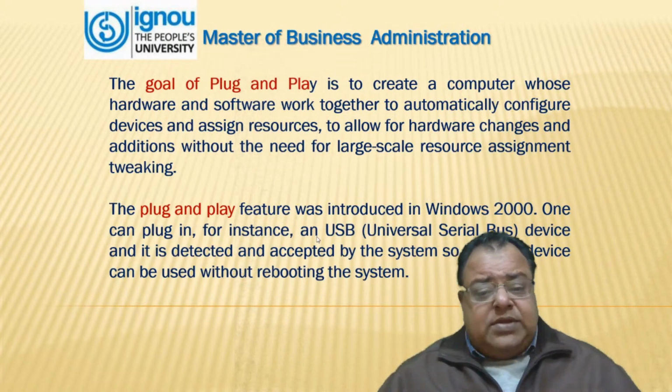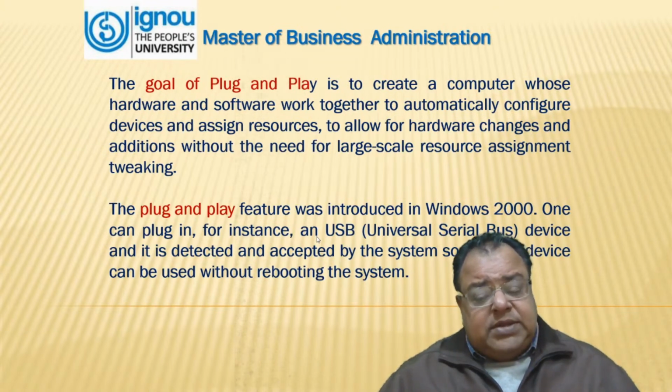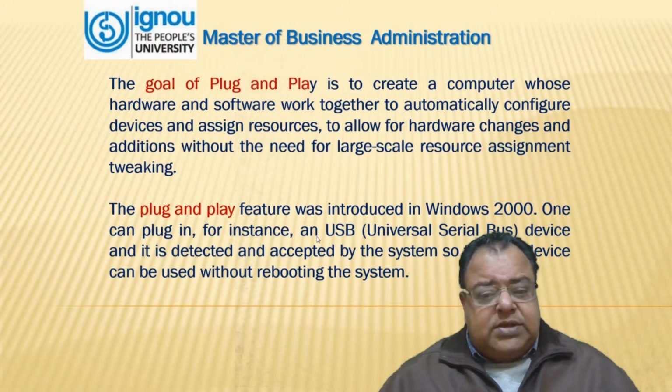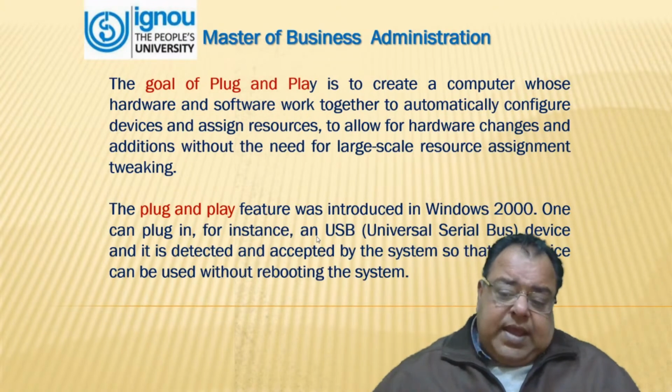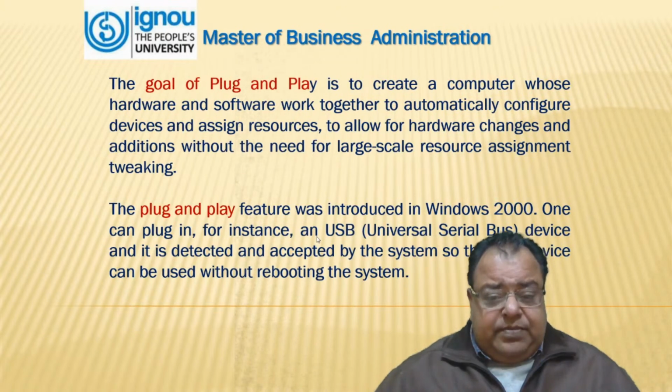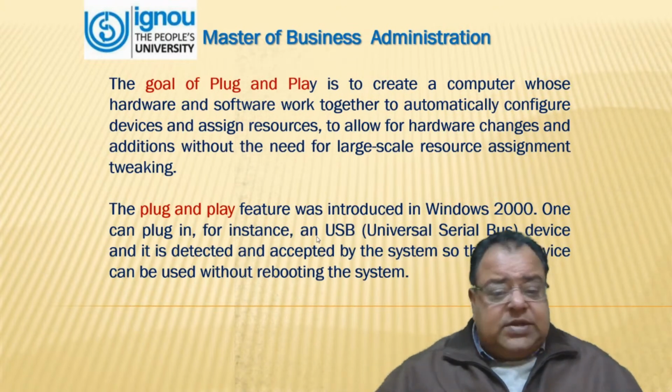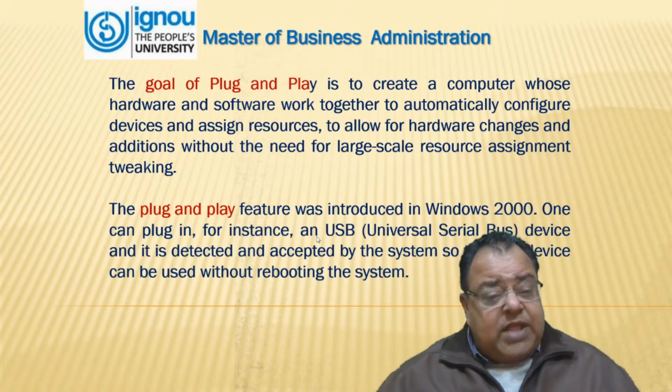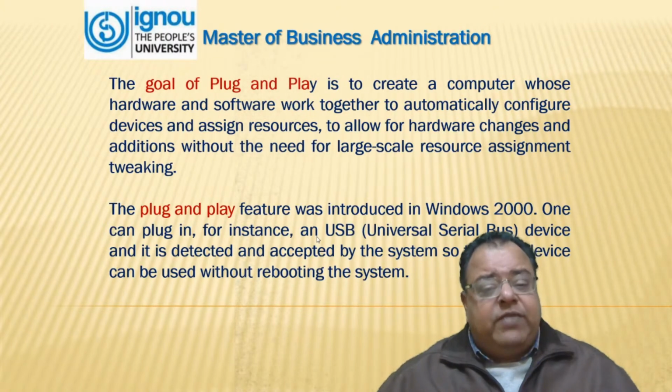One can plug in, for instance, a USB, that is Universal Serial Bus device, and it is detected and accepted by the system so that the device can be used without rebooting the system. That means as you insert your USB into the CPU, it starts working immediately without any change or modification to be done.